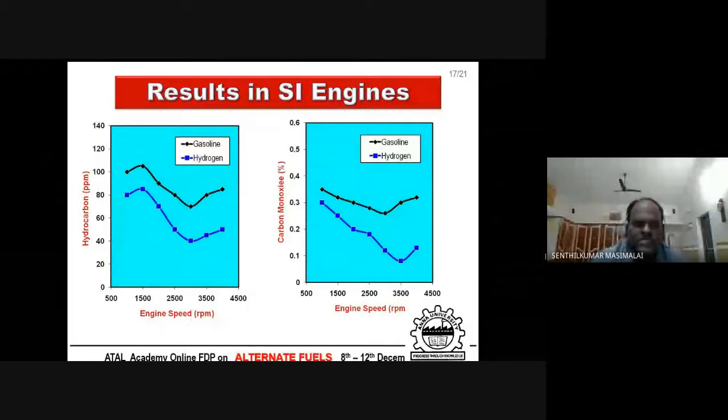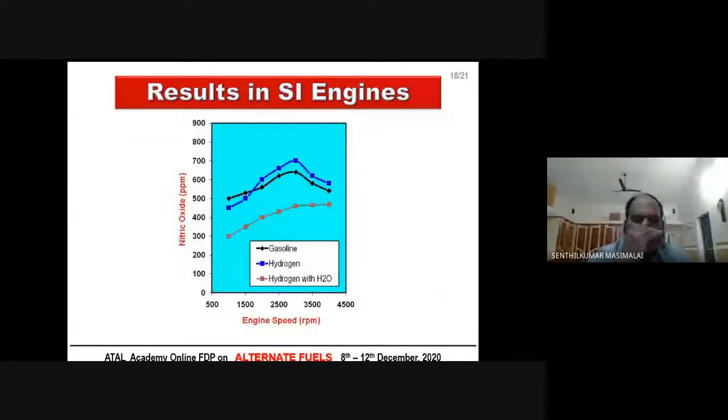If you look at the next slide, this is for the oxides of nitrogen. For hydrogen, the nitric oxide is higher than gasoline. This is because hydrogen combustion results in a higher cycle temperature. Immediately after the combustion, because of the rapid combustion, the cycle temperature was higher than that of gasoline.